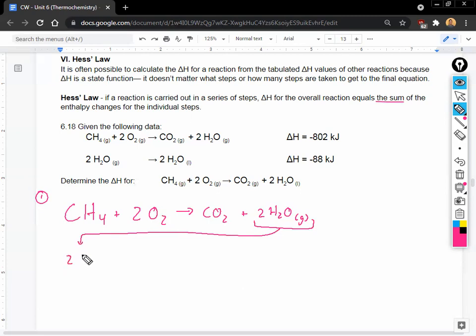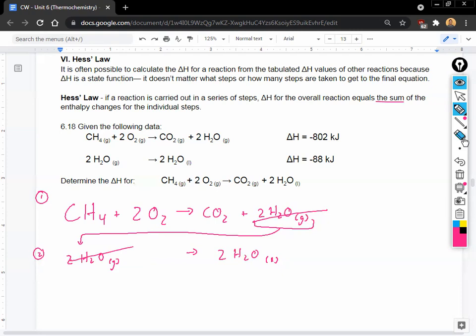I'm gonna take that 2H2O gas and turn it into a liquid. Okay, so 2H2O liquid. And it's just the reaction right here. So the first reaction and the second reaction. So what happens is I basically turn the H2O gas into the H2O liquid. So this basically cancels out with itself.